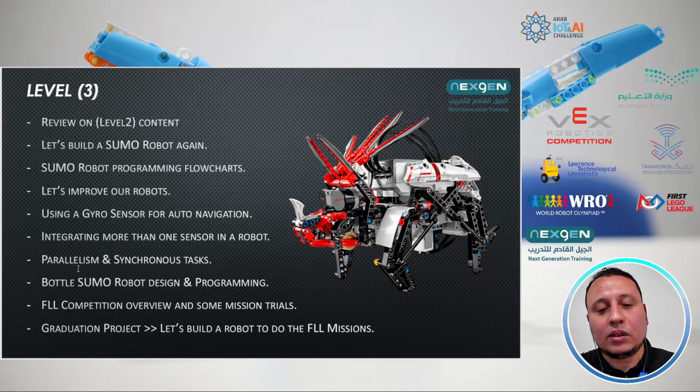And we're gonna talk about something called parallelism and synchronous tasks, how to make two things take place, like the robot will move one of the arms and do something else together at the same time.